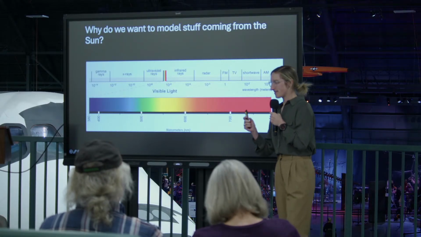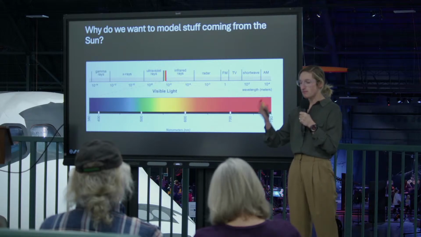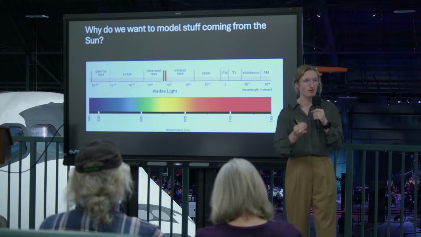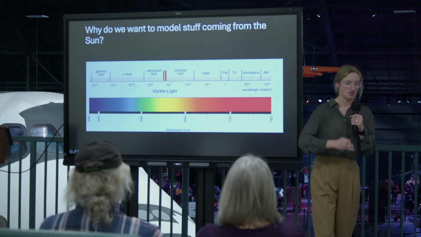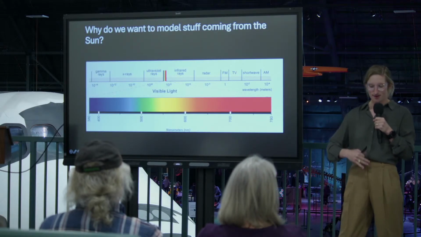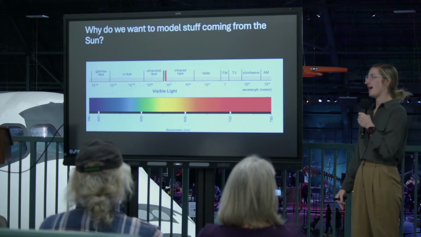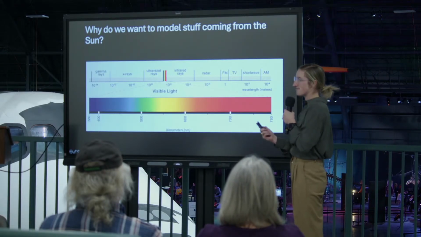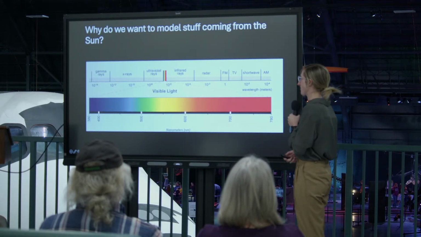We want to model the atmosphere so that there are no blackouts in the atmosphere preventing us from communicating with our GPSs or our satellites, and everyone has the ability to watch live television when it's most important.